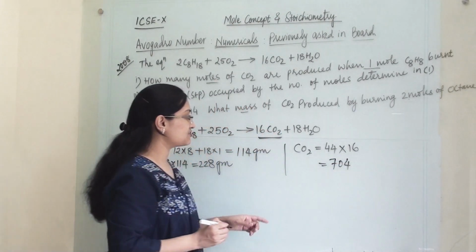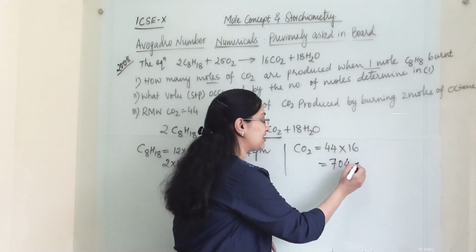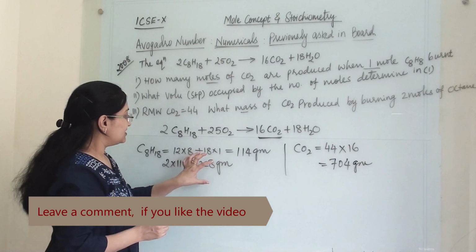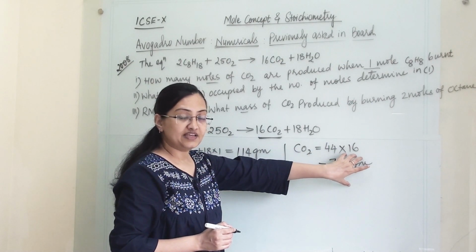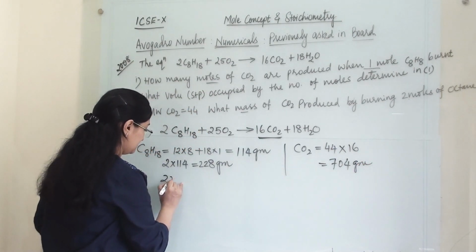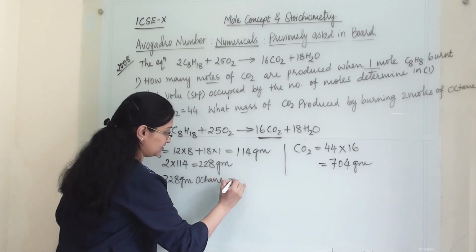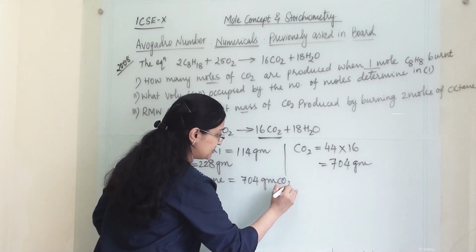So in this reaction, 704 gram of carbon dioxide we will get when this much octane is burned.